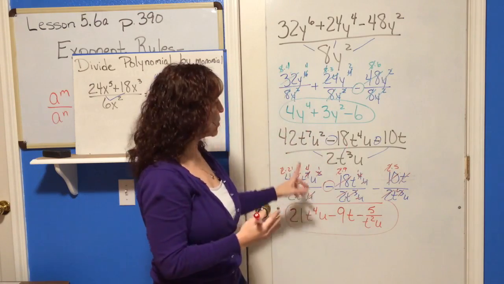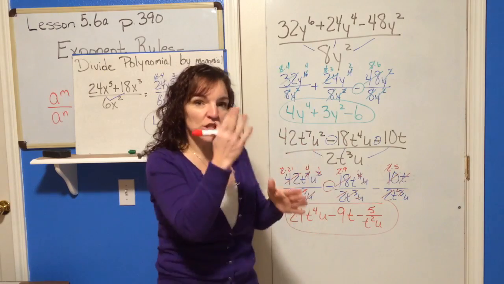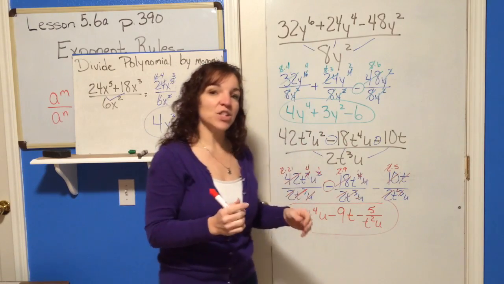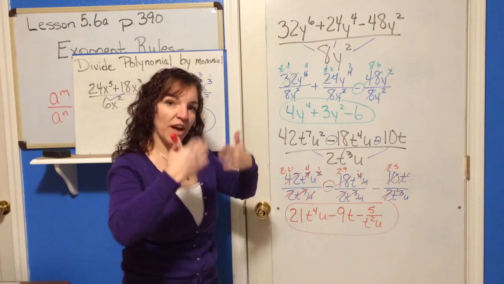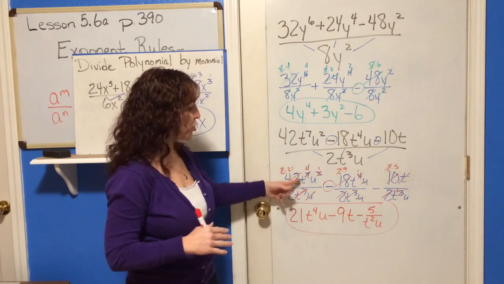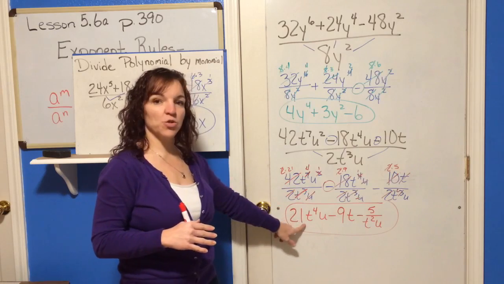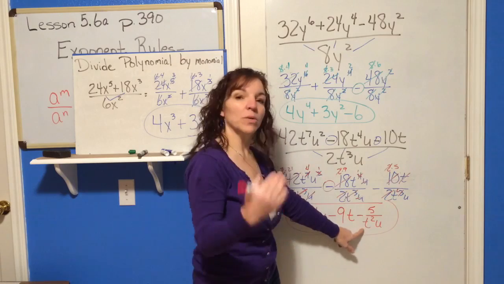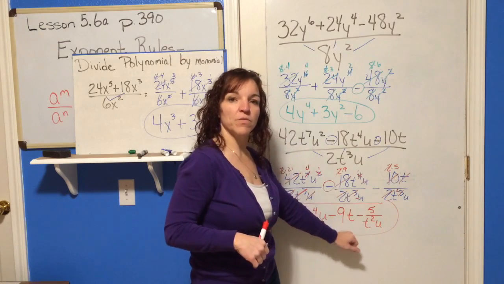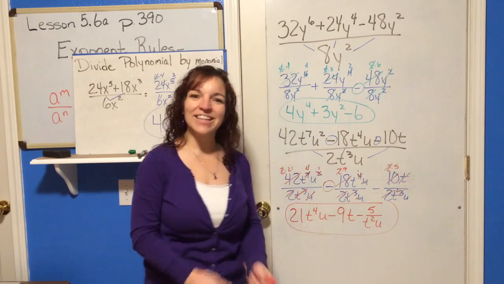Each one of the variables separately, the different letters need to be reduced separately. And wherever the larger exponent is, that's where your final variable is going to be. If your larger exponent is on top, your final answer will be on top. If your larger exponent is on the bottom, then your variable will end up on the bottom of the fraction. All right, good luck. See you soon.